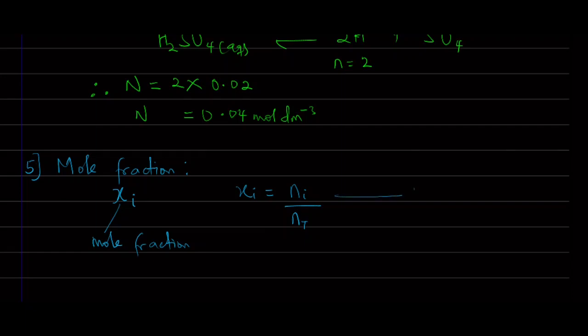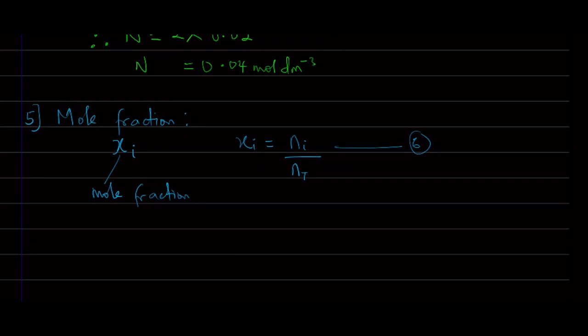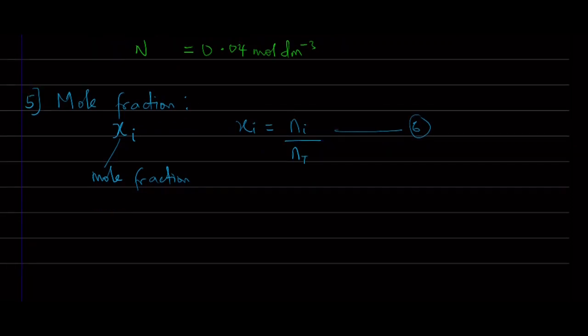Question 6. What is this trying to say? For example, we have two substances that form the solution, A and B. The mole of A, let's say, is 0.2 mole, and the mole of B is 0.1 mole.